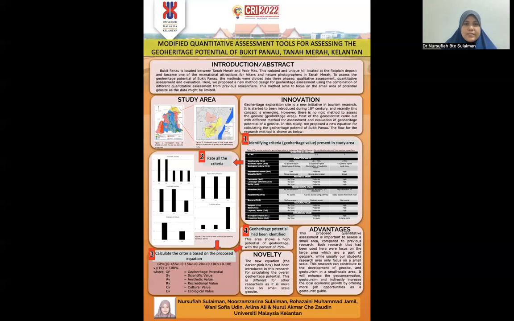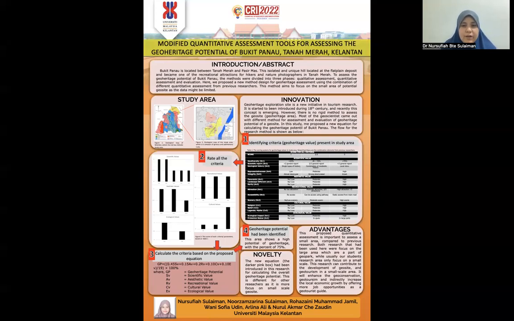Okay, so the novelty of this study is that we came across with a new equation, the darker pink color compared to others, that has been introduced in this research, where this equation is used for calculating the overall geoheritage value in terms of percentage. This is different from other researchers because it is more focused on the small scale, like I mentioned before.